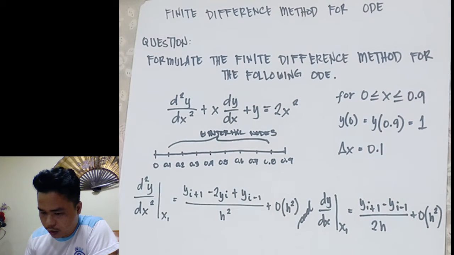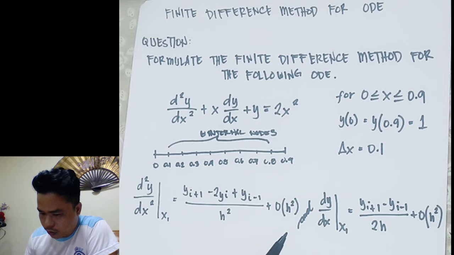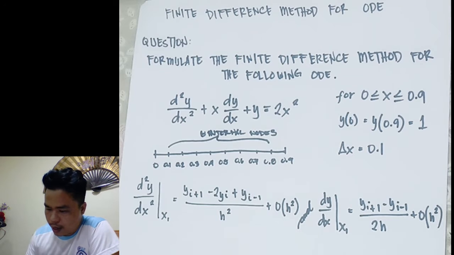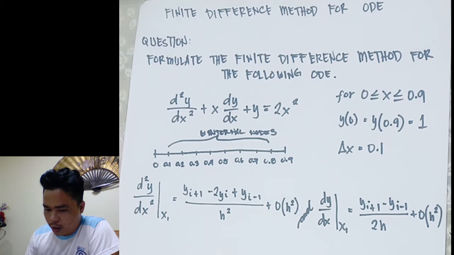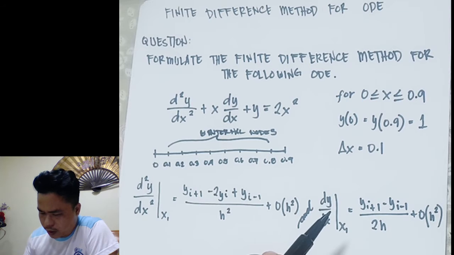and they have 8 internal nodes, so there will be an 8 by 8 system, and this function is to have a second derivative of y with respect to x and first derivative of y with respect to x and y.